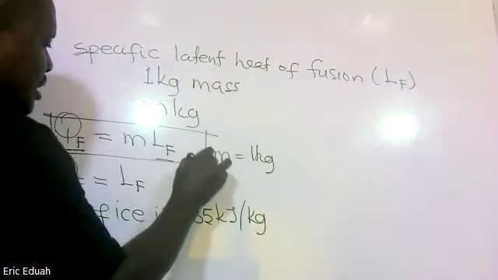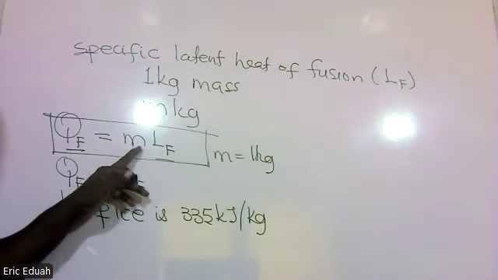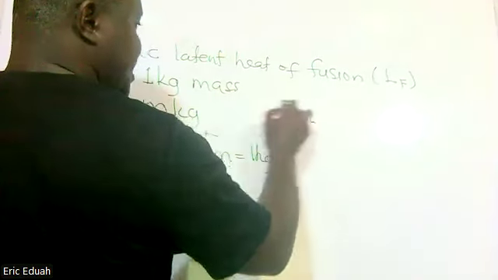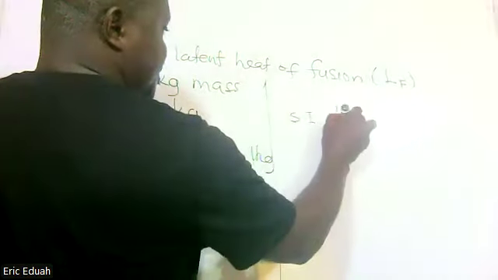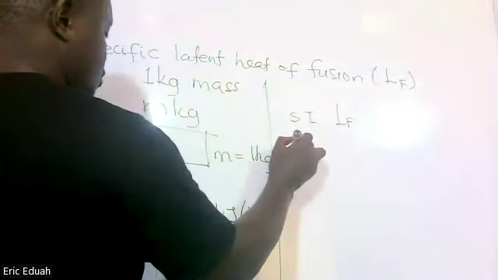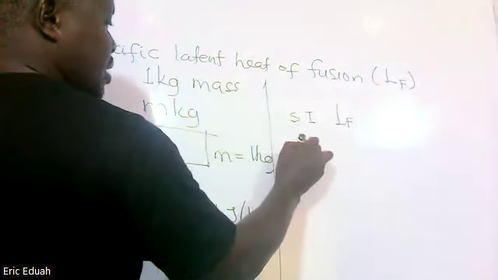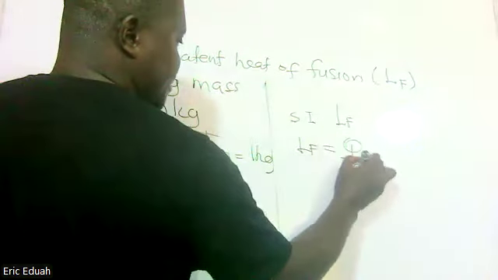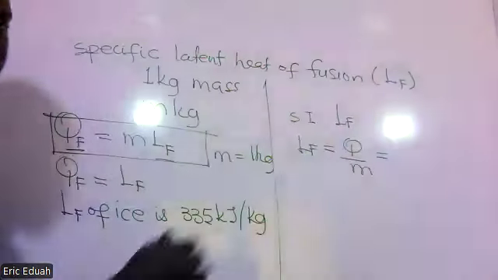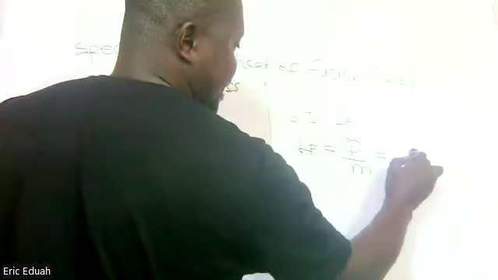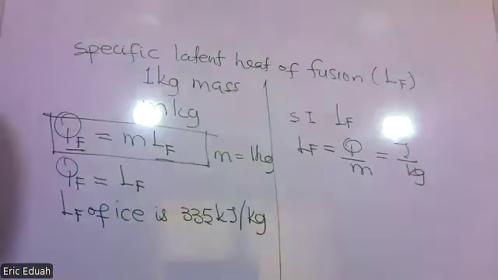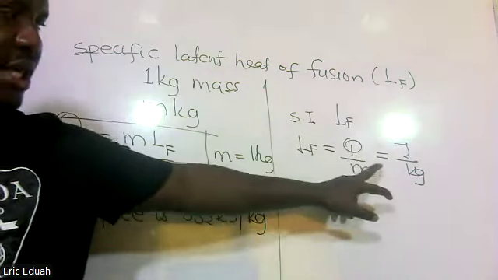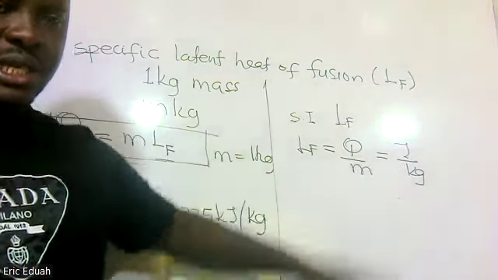Q_F is equal to m times L_F. The SI unit of specific latent heat of fusion, when we make L_F the subject, we have Q on m. So this is joule per kilogram. But because the value is mostly huge, we express it in kilo.